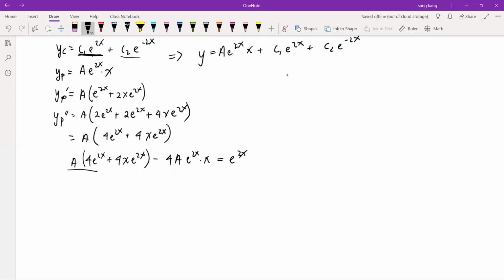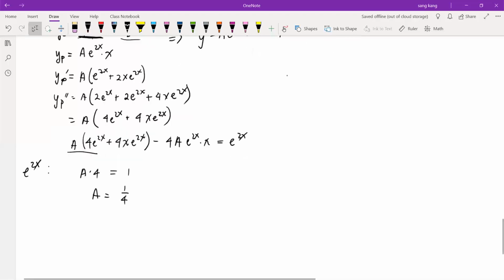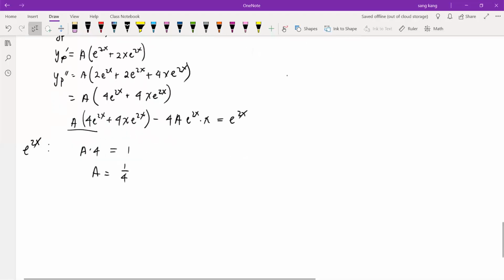So a times 4 is going to equal, so we're gathering all the coefficients for e to the 2x, this will equal 1, so a should equal 1/4. And we don't have any other coefficients, so we're done. So our yp is going to be 1/4 e to the 2x. Oh, times x. I forgot.